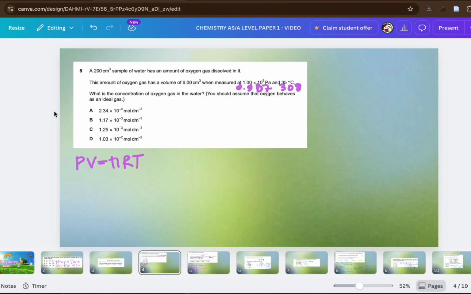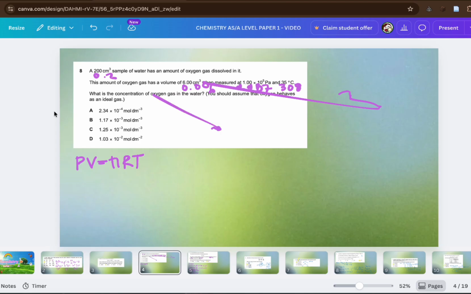Now, we have to convert the volumes. For the oxygen here, it's 0.06, and for the water, it's 0.2. We converted it into cubic decimeters. Right, now we do that.